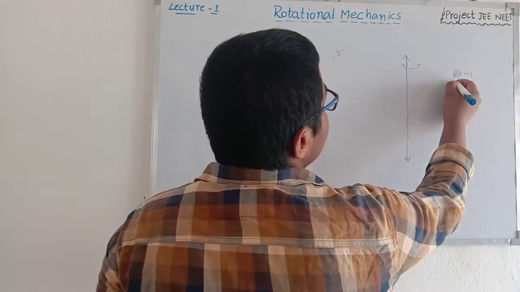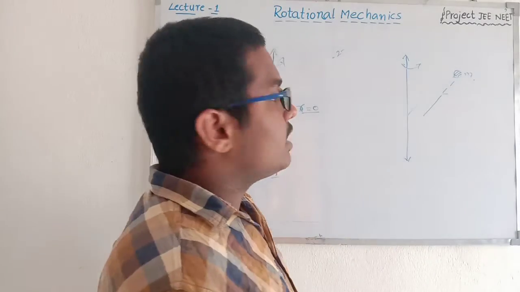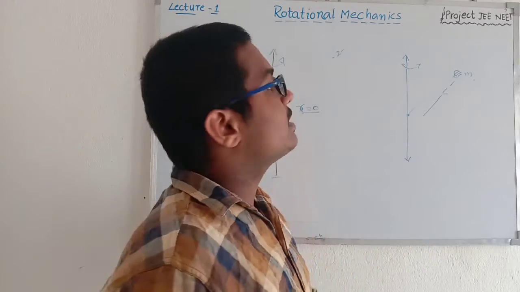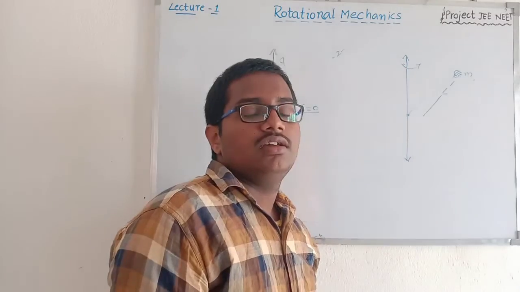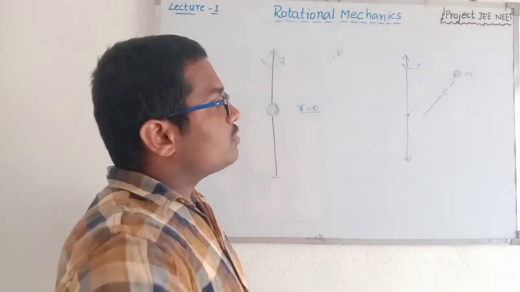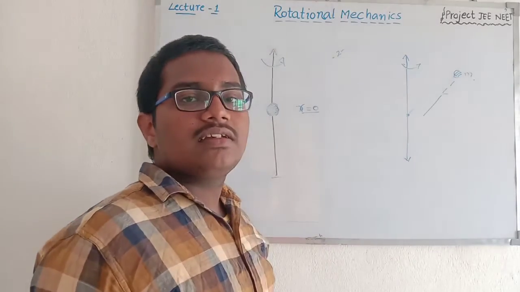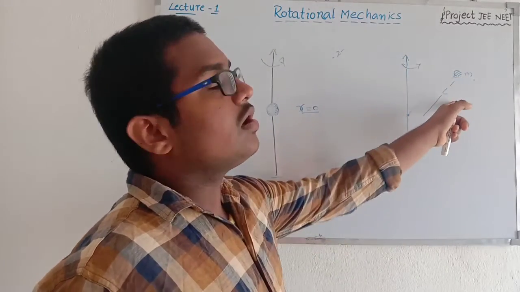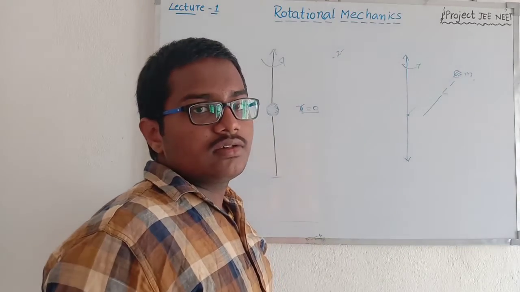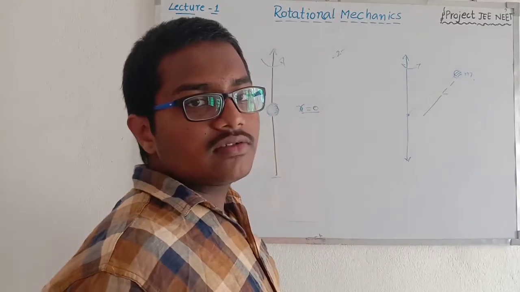Suppose we assume this length as L, then calculate the moment of inertia of that particular body with respect to this axis of rotation. So note the question first, pause the video and try to answer. The process of solving is simple because we have to resolve the vector along the perpendicular direction. I gave you a hint, just pause the video and try to solve the problem.